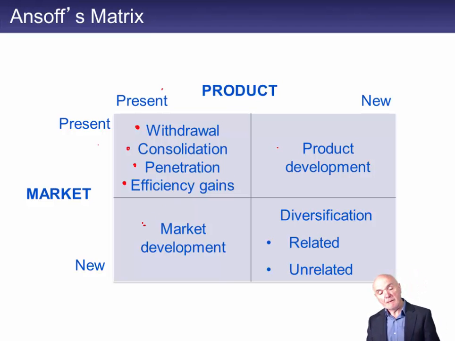So market development would be, let's say we're working in Europe at the moment, that's our market, and we think, should we work in the US? It could obviously easily double our turnover, double our profits and so on. There is more risk, however, because just because a formula works well in Europe, let's say it's a retailing formula, doesn't mean these retail outlets are going to be popular in America.